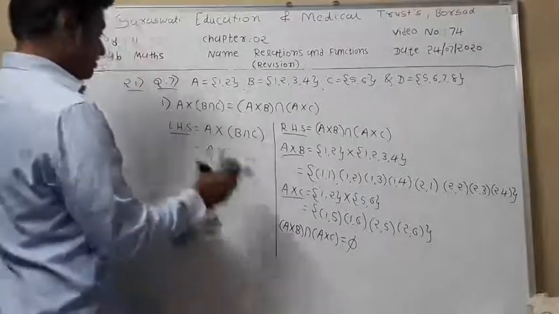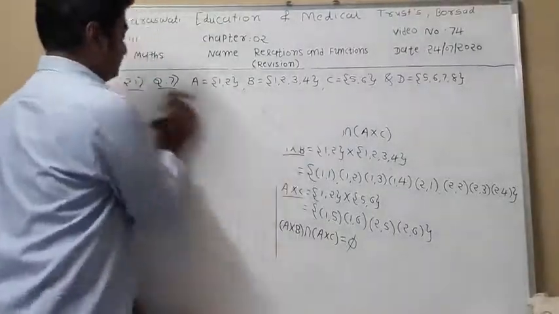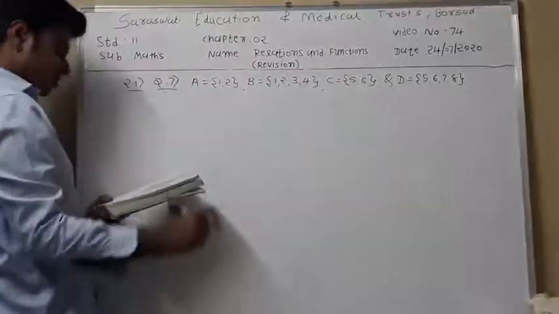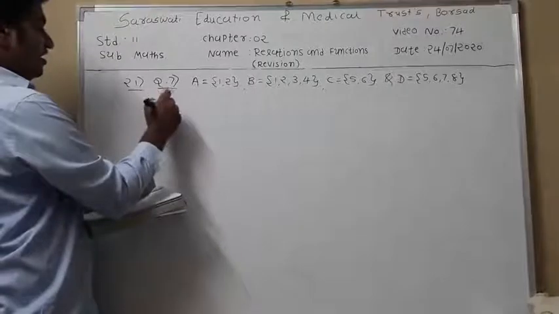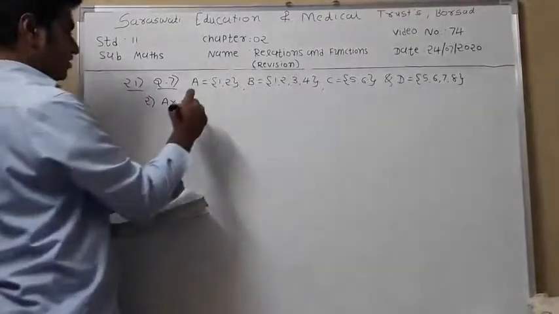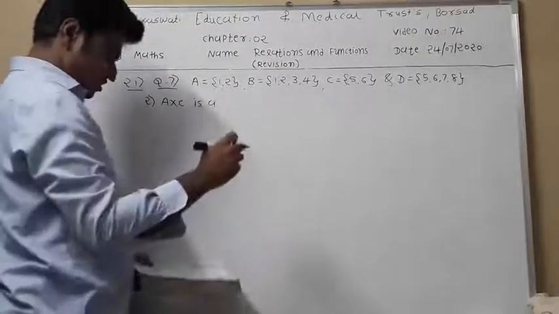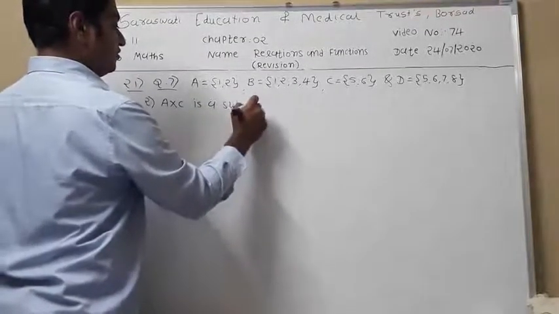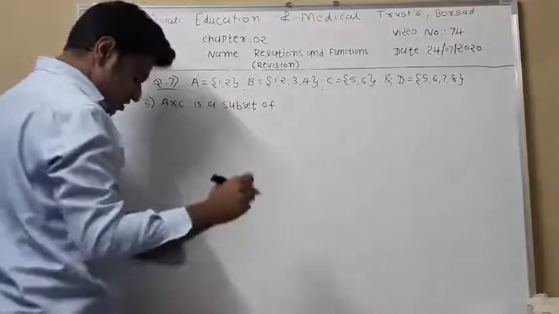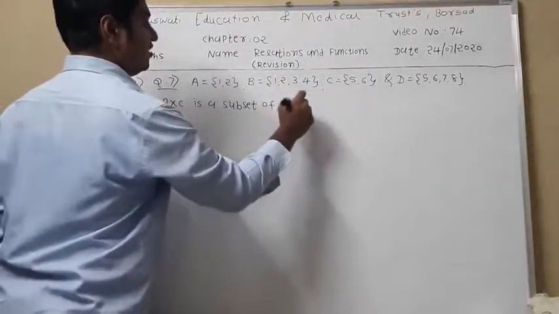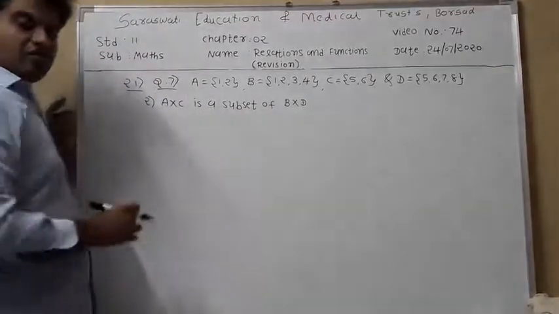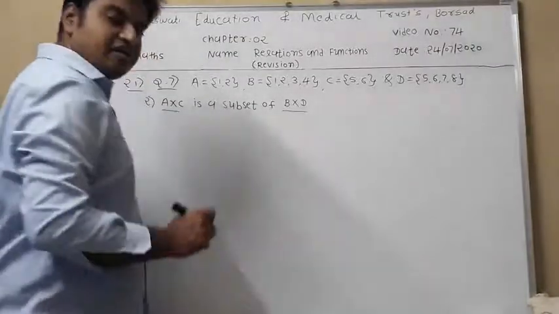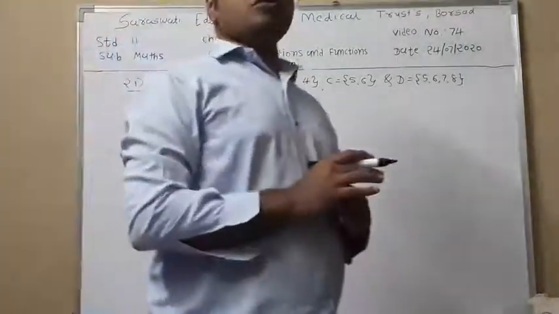Now the second condition: A × C is a subset of B × D. First of all find A × C, and after that find B × D. What is the meaning of subset?